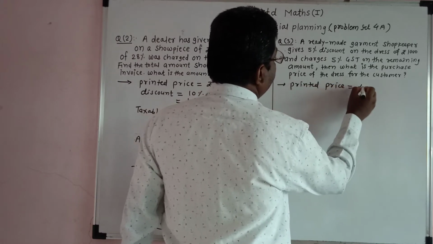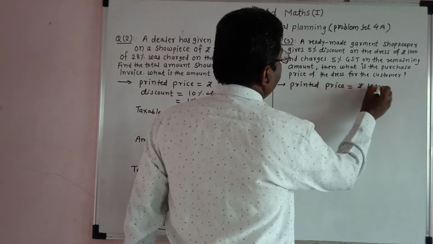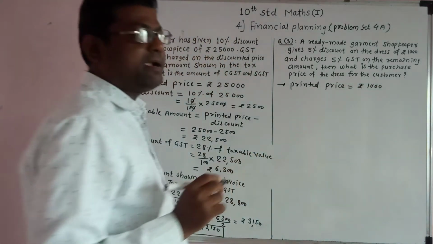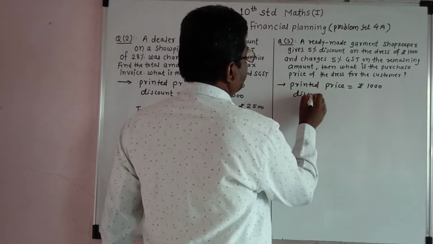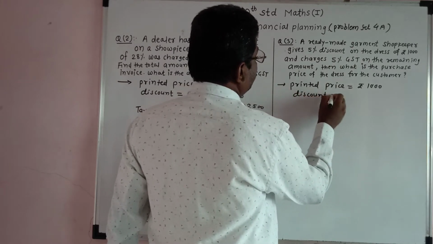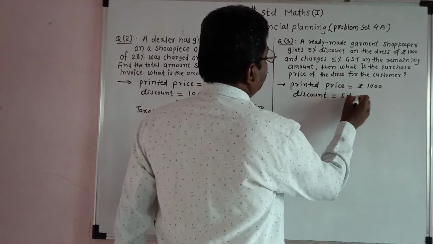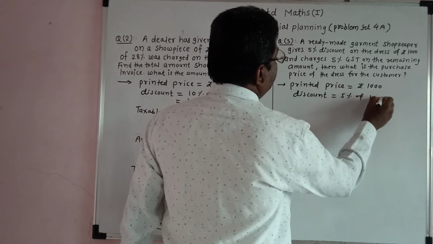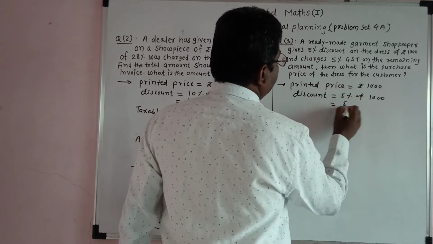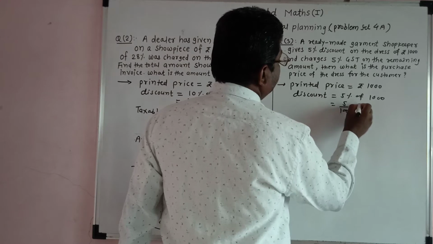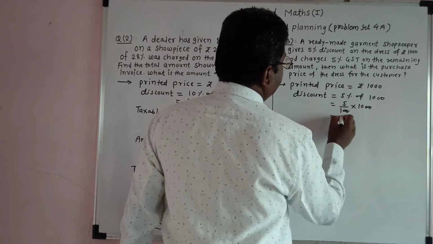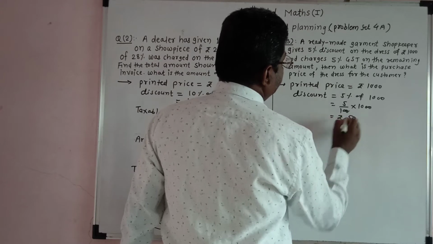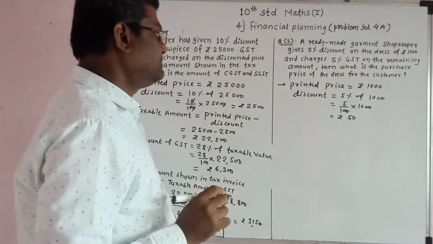Printed price is equal to rupees 1,000 and discount is given 5%. Therefore, discount is equal to 5% of 1,000, which is 5 upon 100 into 1,000. So it is rupees 50 as discount.